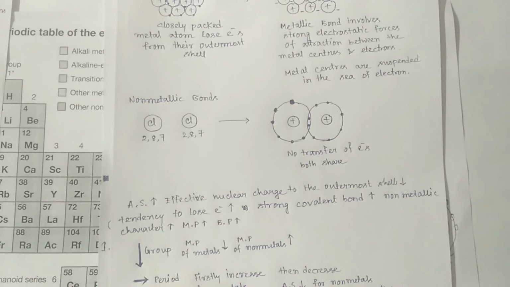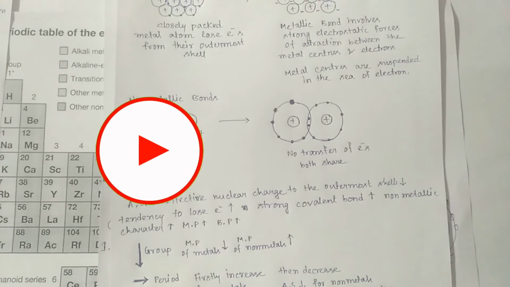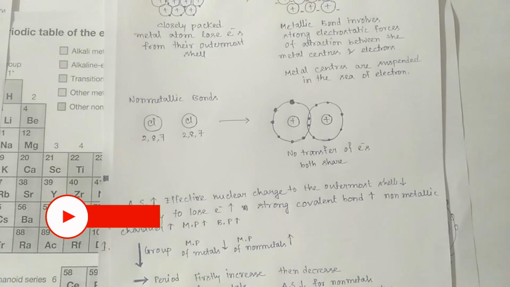That is why the melting point of those metals going down a group will reduce. Due to their size, their force of attraction will get reduced, and thus the energy required, the heat required to melt them, will be reduced.